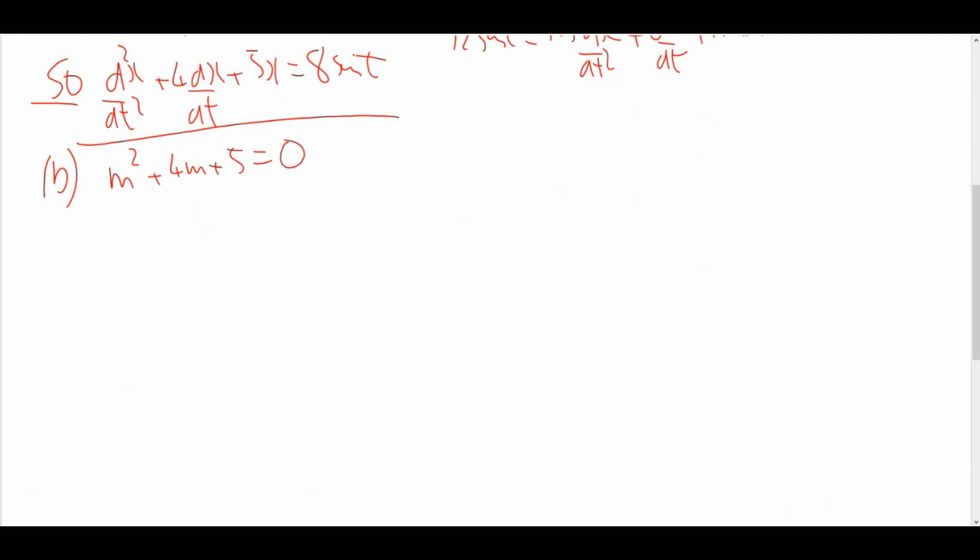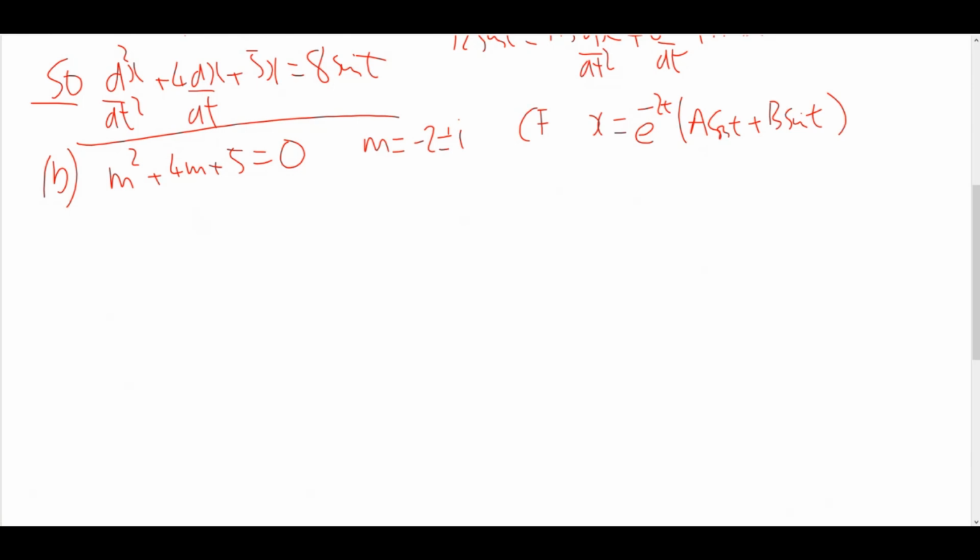Solving that on your calculator, it turns out to have complex roots of the form m is minus 2 plus or minus i. So consequently, the complementary function is x equals e to the minus 2t, brackets A cos t plus B sin t.